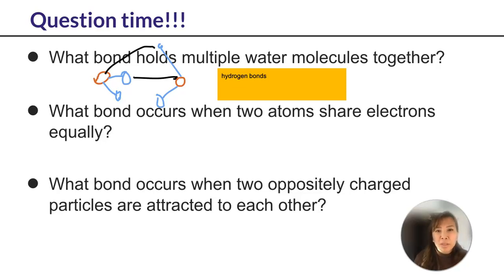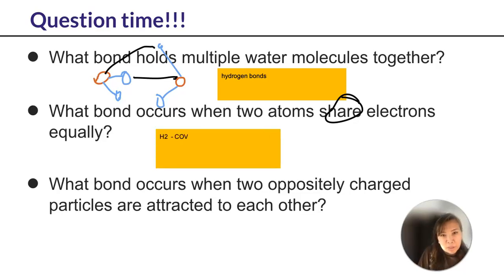Okay, what bonds occur when two atoms are sharing their electrons? Okay, so the key word that I want you guys to recognize here is that they're sharing their electrons. Okay, covalent bond, but what type of covalent bond is it going to be? Sharing equally is going to be a non-polar covalent bond.